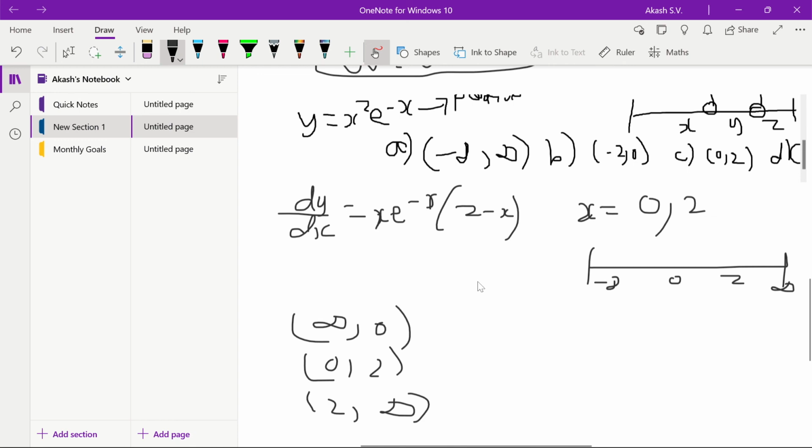If you want to find the maximum value, then you should find it in f double dash of x, and if it is less than 0, you should apply in f of x and find the value.